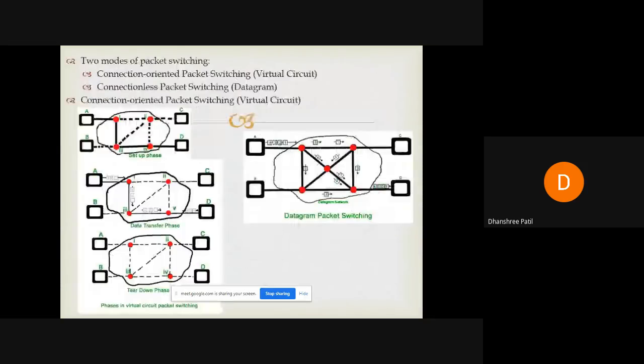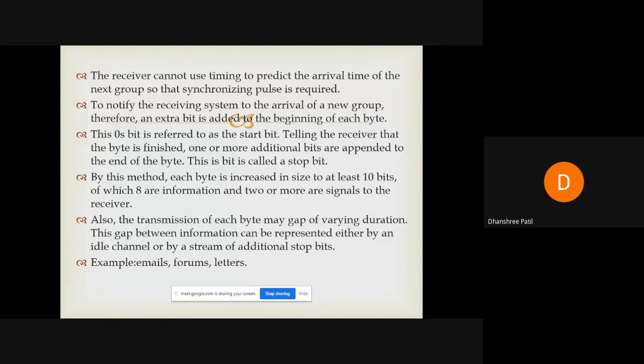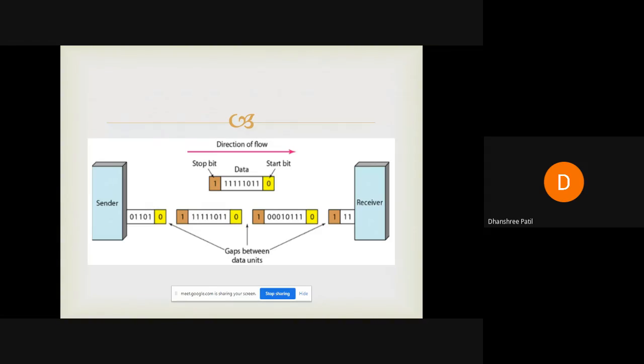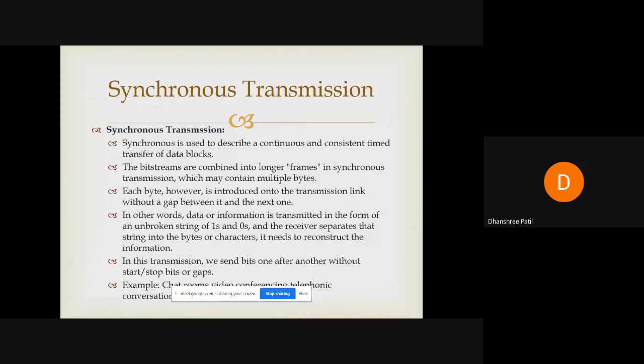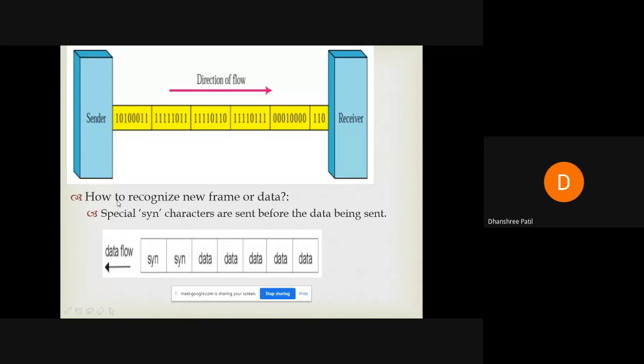Clear? The difference between synchronous and asynchronous: asynchronous means data is separated by using 0 and 1, where timing is not that important. In synchronous transmission, timing is required; whenever data is sent, it should reach in proper time, and there is a continuous flow of data.